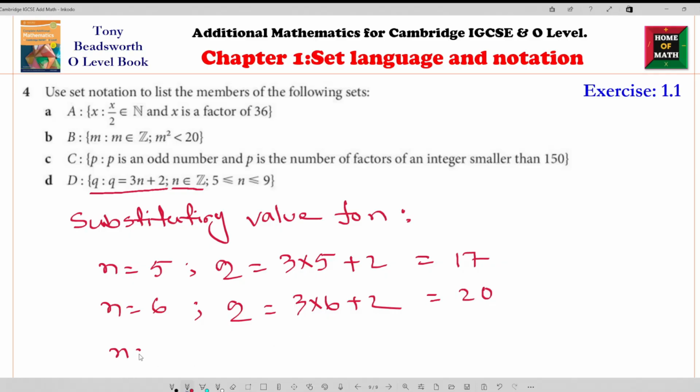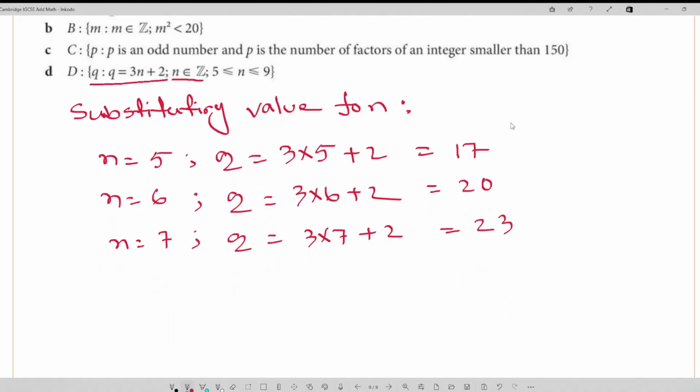Then we will take n equals 7, so Q equals 3 times 7 plus 2, it means 3 times 7 is 21, 21 plus 2 is 23, right? Then we can take 8, so Q equals 3 times 8 plus 2, it means 3 times 8 is 24 plus 2 is 26, and finally n equals 9.